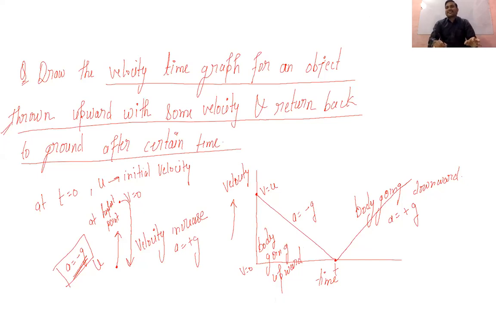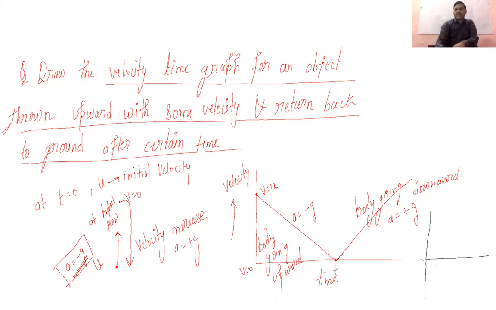I'm talking about the acceleration time graph. It will be a straight line. We can use a different color pen. Wait for a minute.